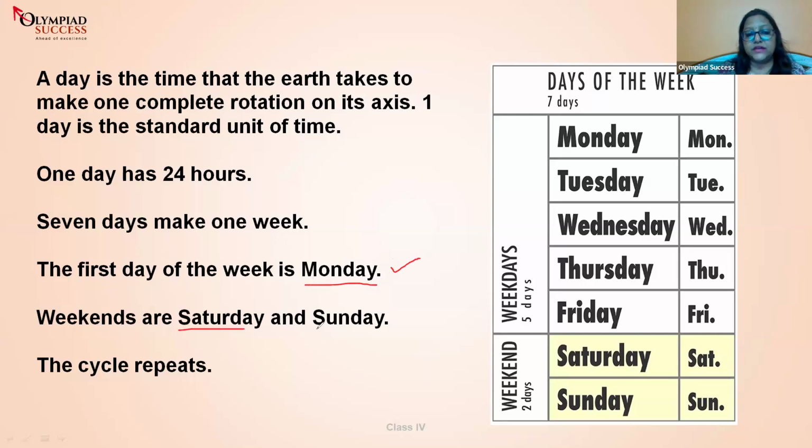These 5 days are your weekdays. And Saturdays and Sundays are your weekends. Correct? Yes. And this cycle keeps on repeating. So this was the same thing that I discussed right now. Now let's go to the next page.